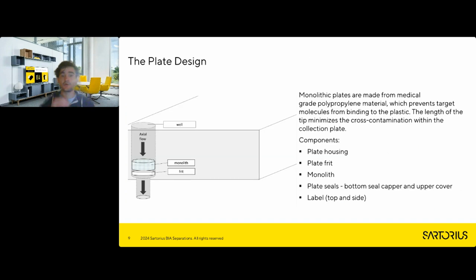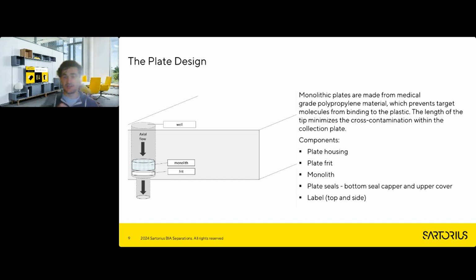So how do we design the plates? We have designed the plates from medical grade polypropylene to prevent sticking of our target molecules to the plastics. We elongated the tip of the plate to prevent cross-contamination with the collection plate.